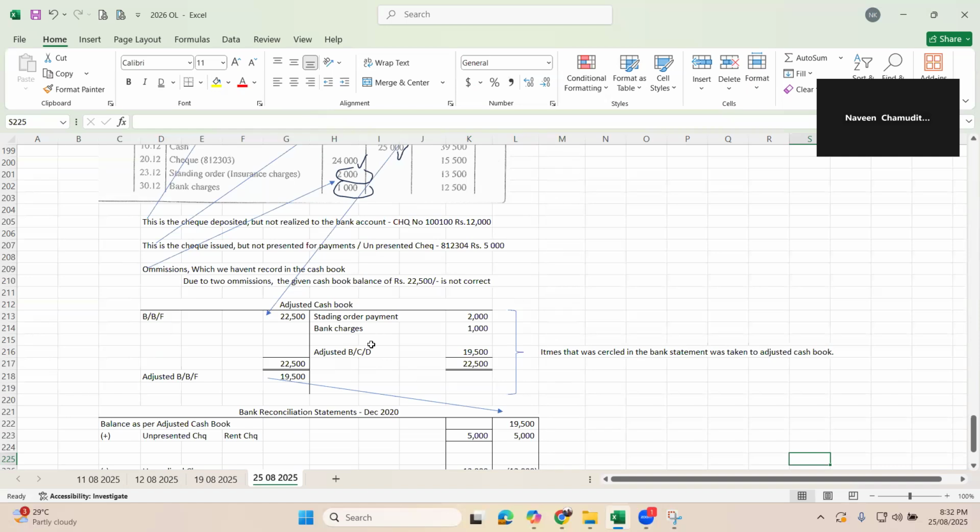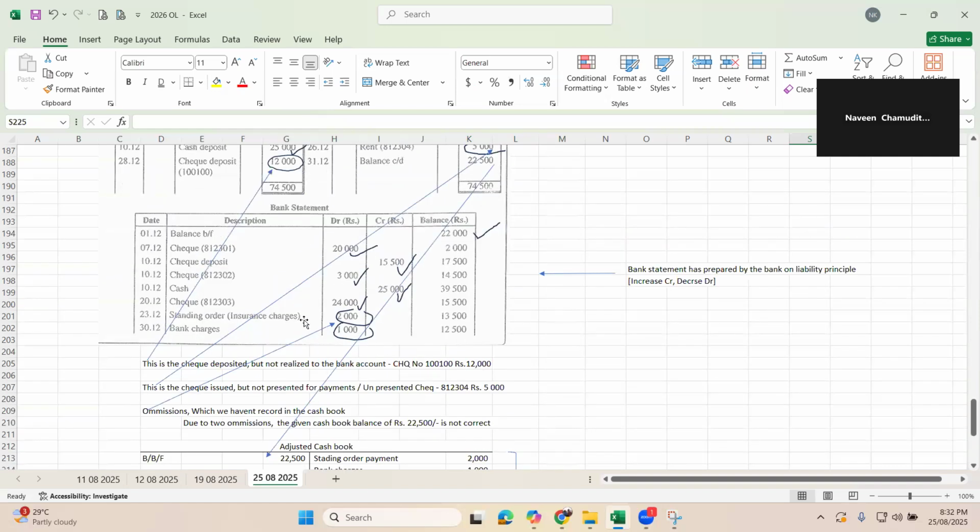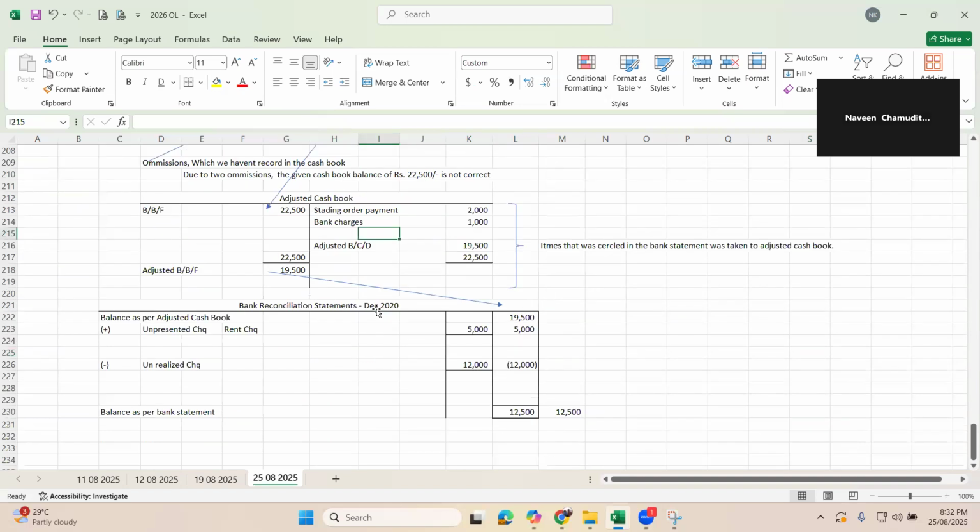That means things that are circled in the bank statement will be taken to here. Then thereafter, you must prepare the bank reconciliation statement. So in that case, you start with the adjusted cash book balance, then you add the unpresented checks, then you deduct the unrealized checks. Anything to clarify, Naveed?